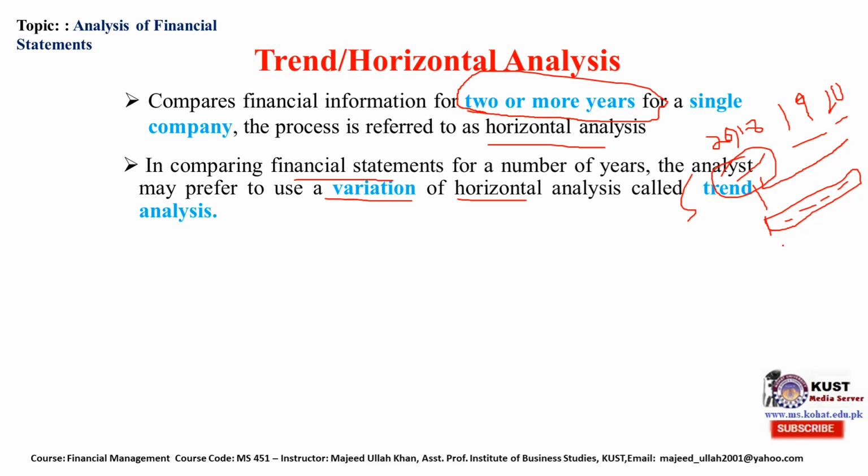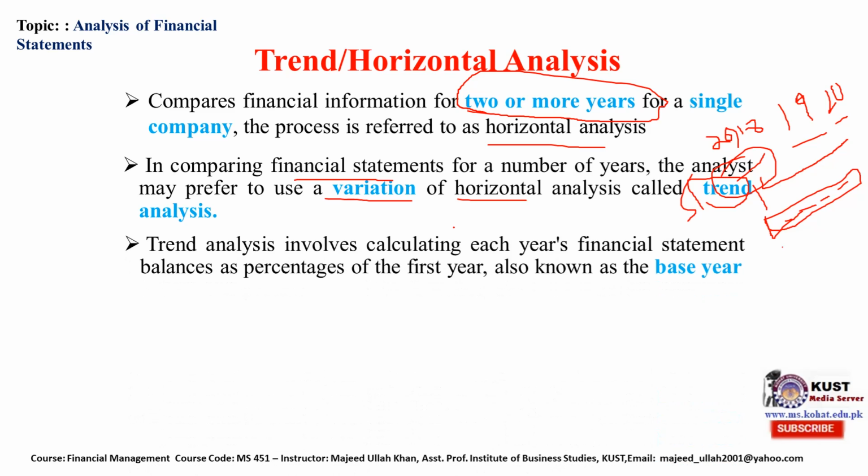Then we are able to deduce whether any trend exists or not. So in this case, it is also called trend analysis. Trend analysis involves calculating each year's financial statement balances as a percentage of the first year, also known as the base year.